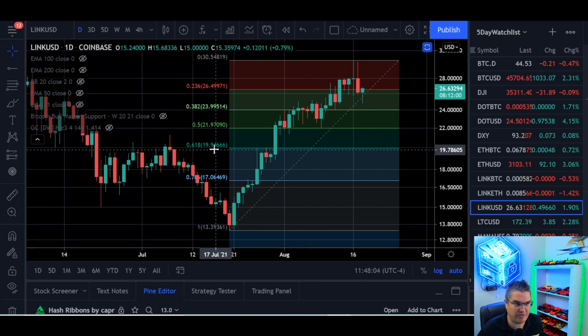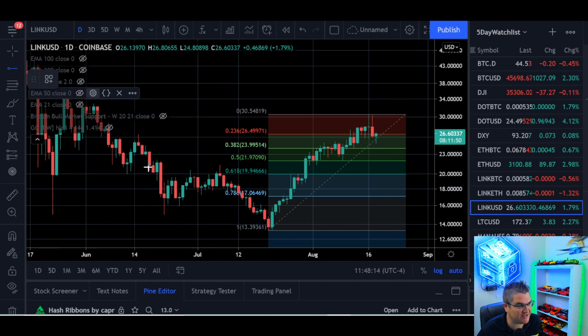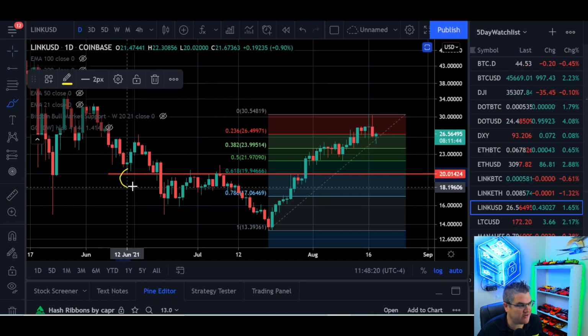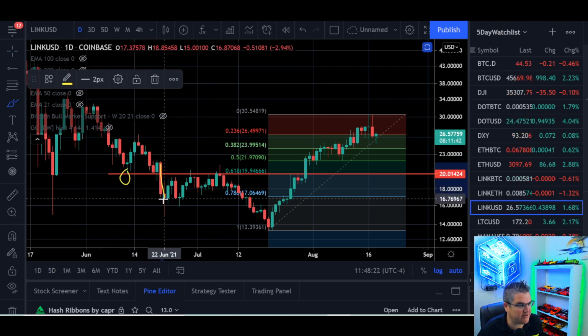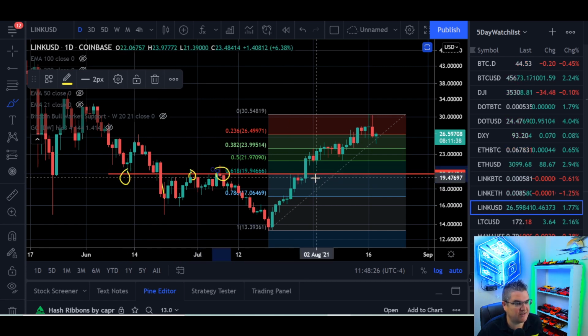Roughly $20 would also coincide with our ultimate high back last year, right? Also, look, what else do you see? Previous support, right here, breaks right there, becomes resistance.